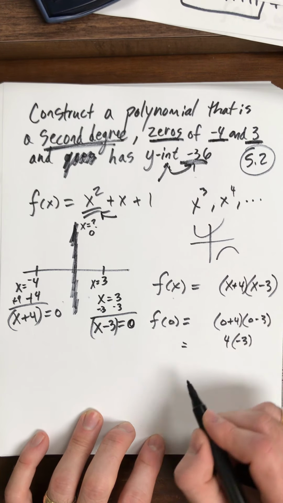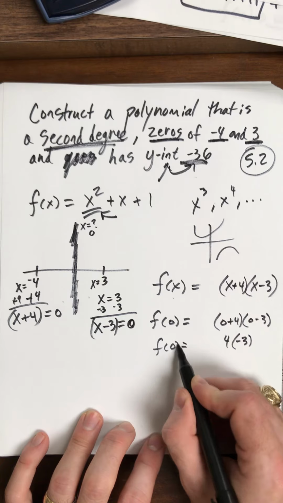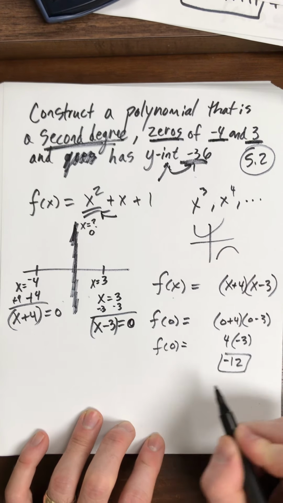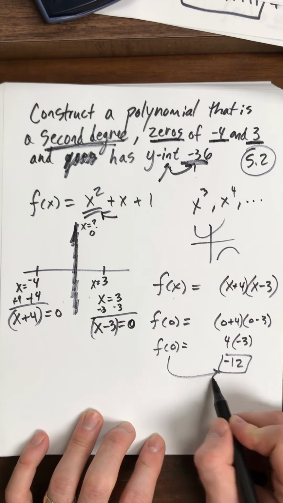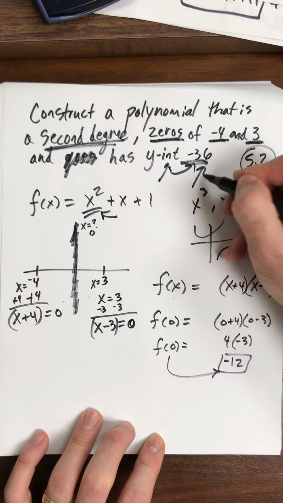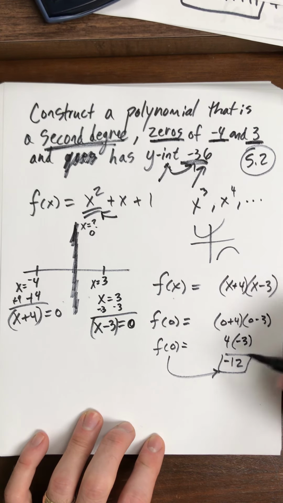Ooh, this tells me that f of 0 is equal to what? -12. Do I want a y-intercept of -12? No. What do I want? I want a y-intercept of -36.